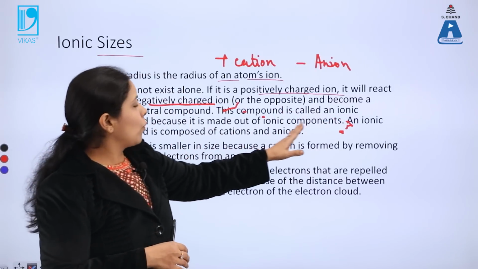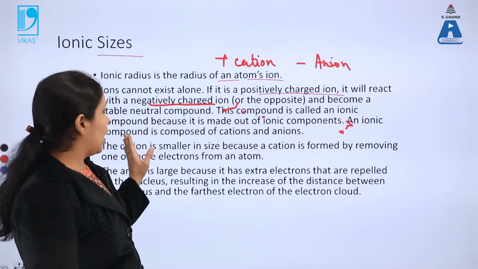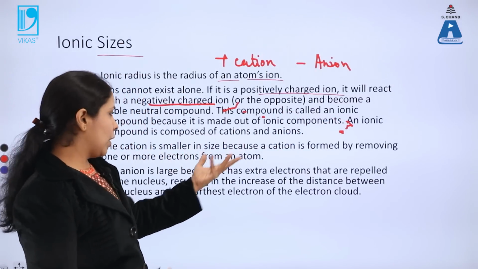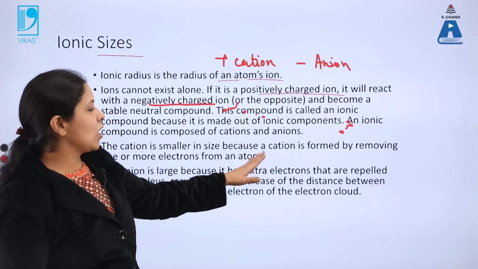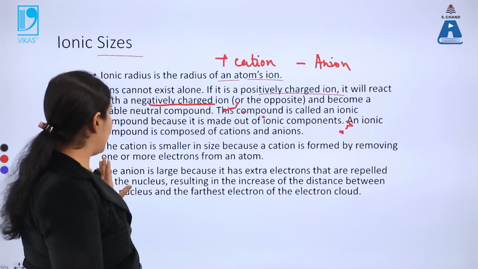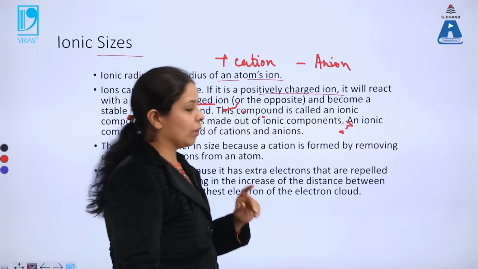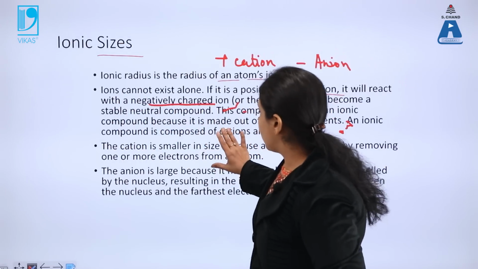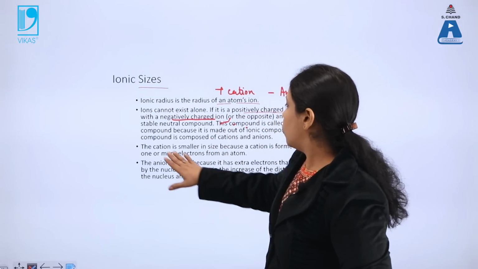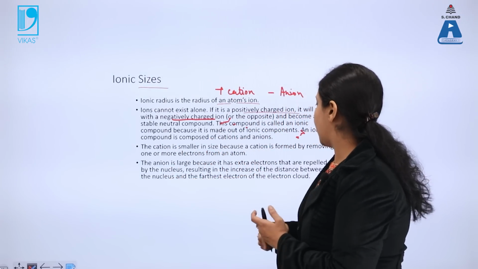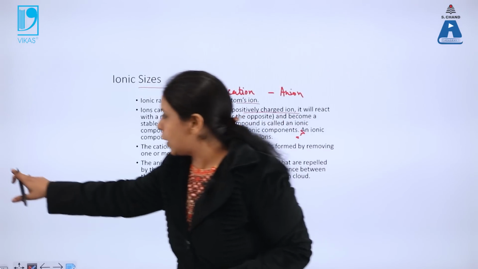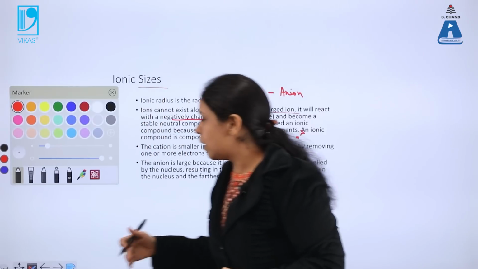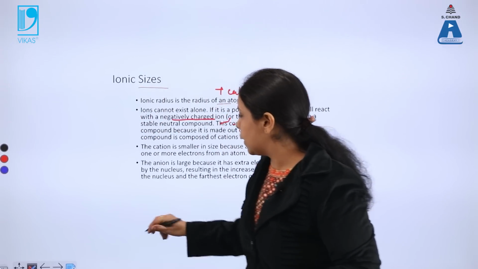Because it is made from ionic components, that is cations and anions, an ionic compound is composed of cations and anions. A cation is smaller in size because a cation is formed by removing one or more electrons from an atom. This is also a very important property. How is it possible? We can explain this like this.